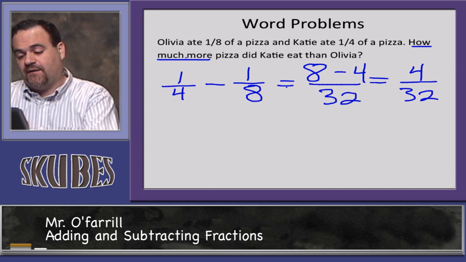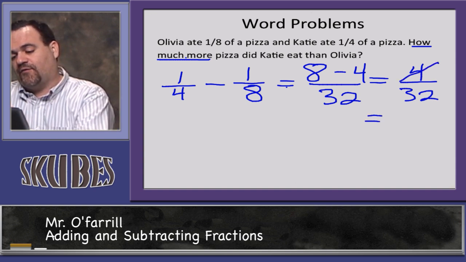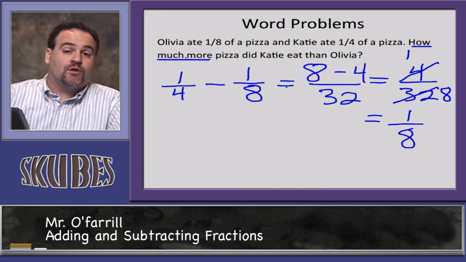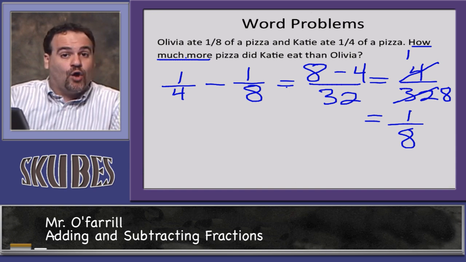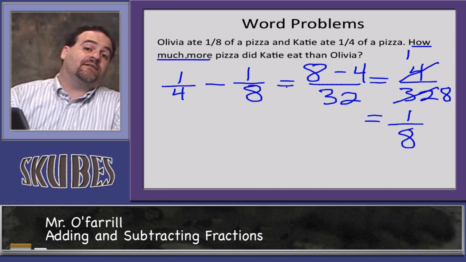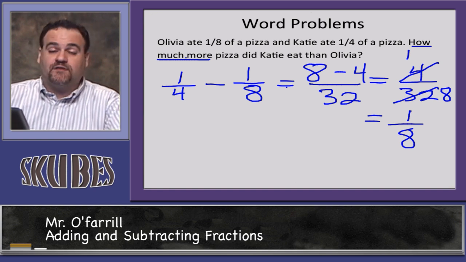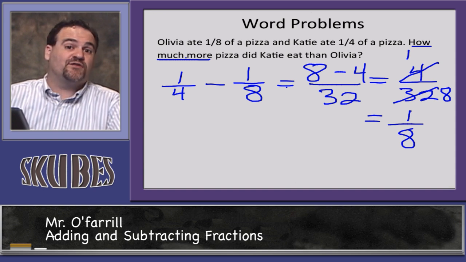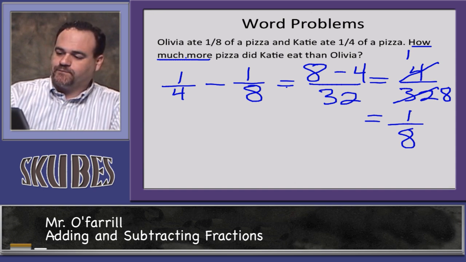So when we reduce that, 4 going into 32 8 times, the final answer to this is 1/8. Could we have done that getting a lowest common denominator? Yes. But if that's not something you're comfortable with, this method will work for you every time, as long as you remember to reduce your final answer.